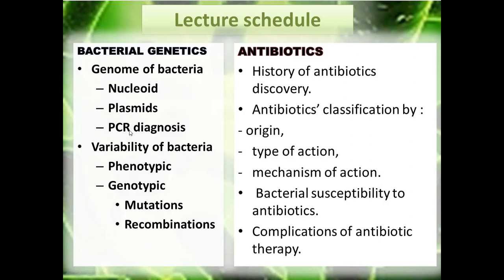It's the PCR method. And characterizing the variability of bacteria, I will tell you about phenotypic and genotypic changes in them. The genotypic mostly includes mutations and recombinations. But in this lecture, we can only study the main definitions and main principles of bacterial genetics.